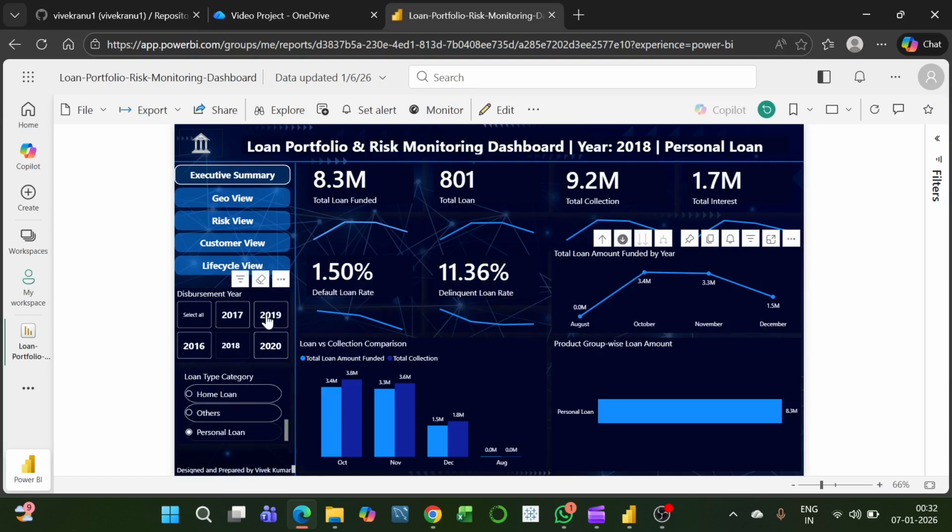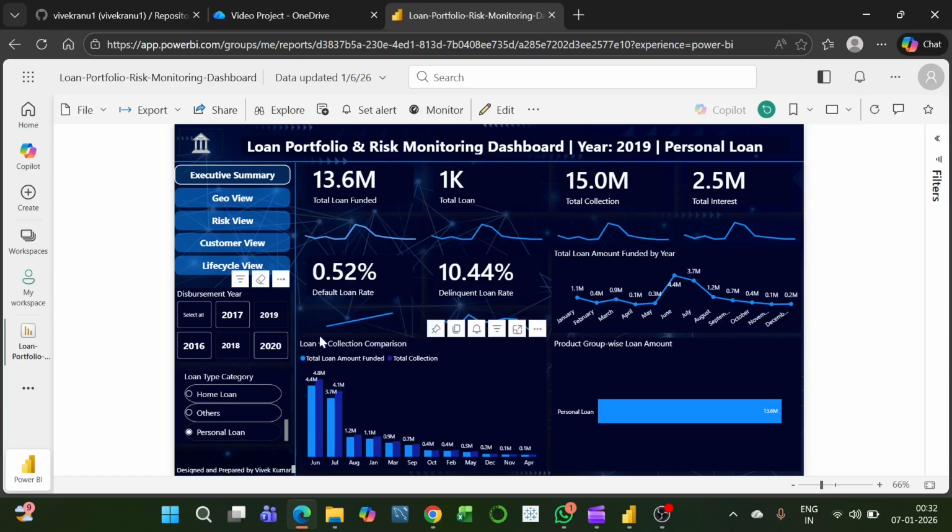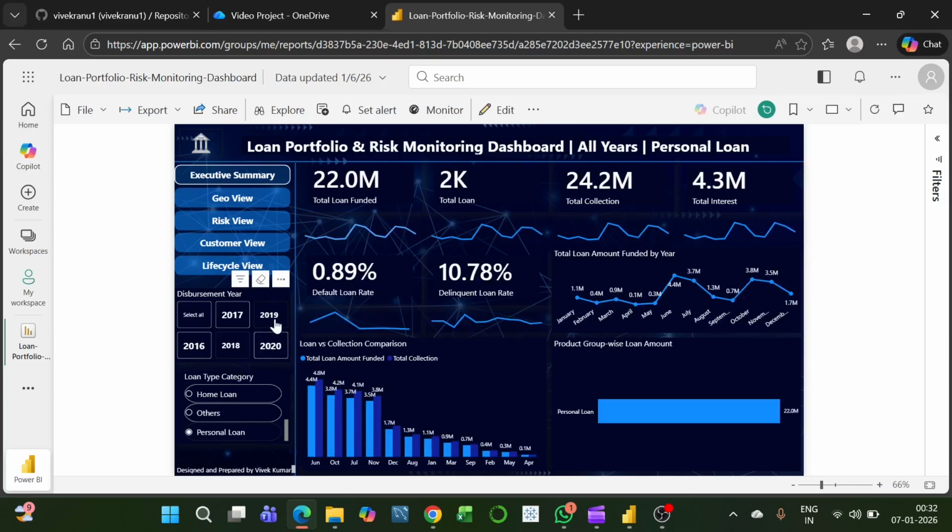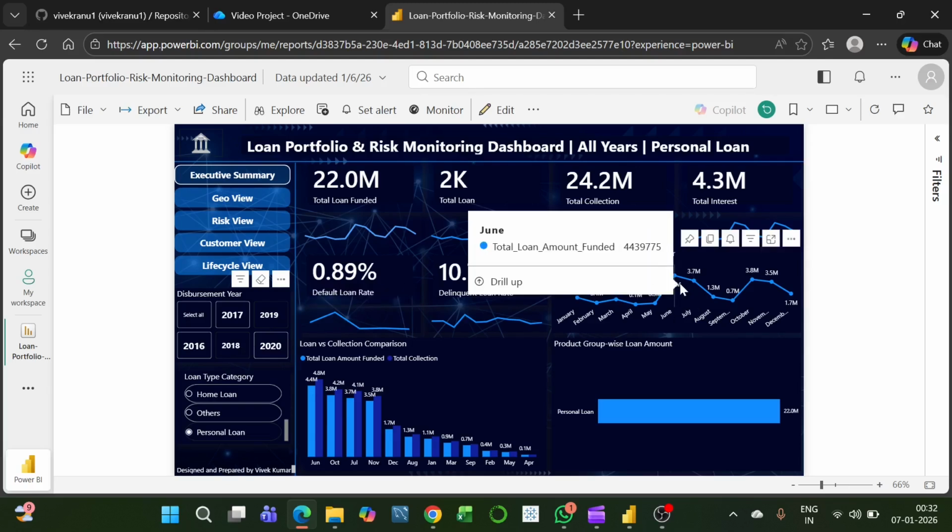Likewise, if you go to 2019, I've selected 2018 and 19. See, in 2 years, you can notice that in the month of June the highest loan was funded by the bank.